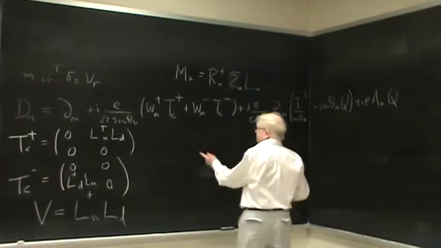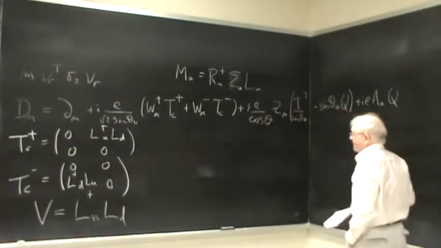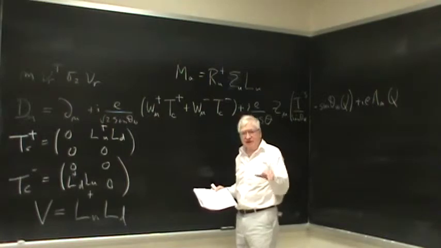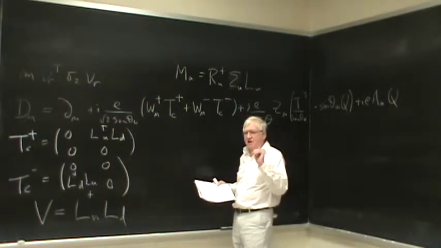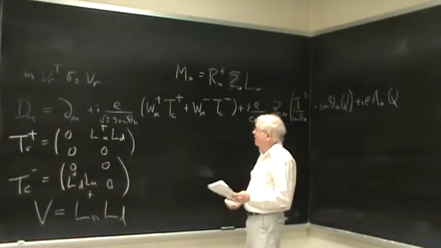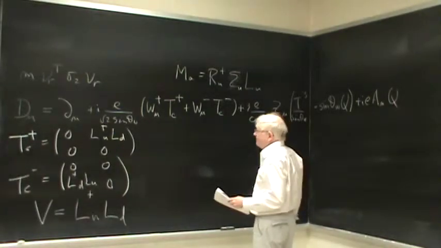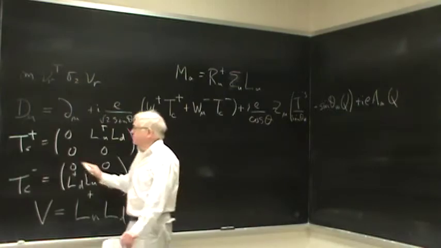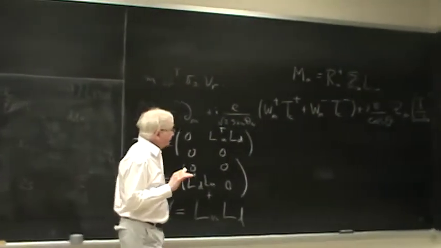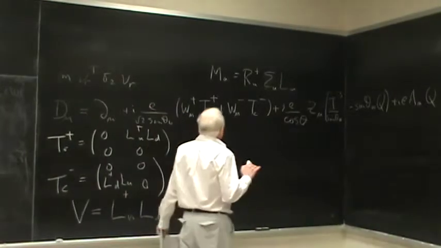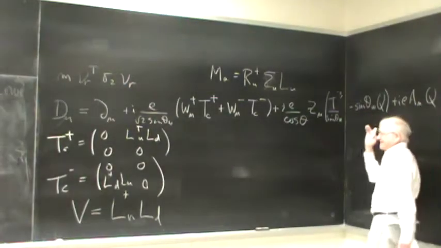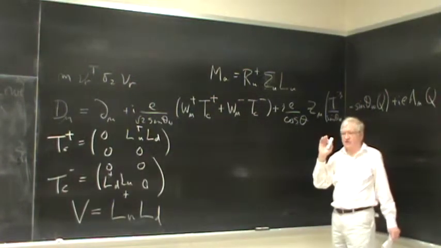Now, in the original version that I put on the website, I basically left it at this and didn't go on to explain things in a little more detail. But it's useful to go one more step. The one more step is just to imagine that this covariant derivative is not acting on individual quark fields, but is acting on a sextet of quark fields.